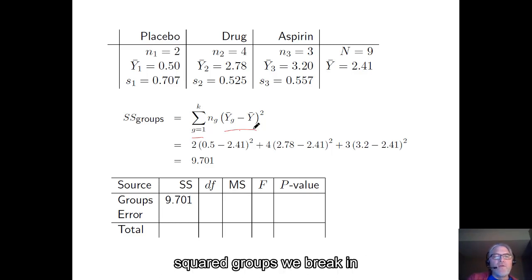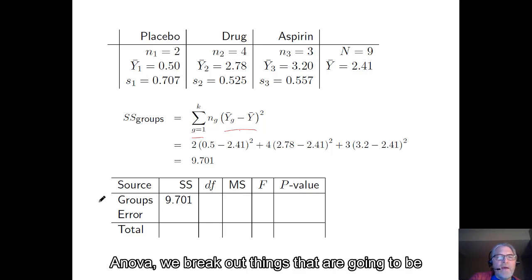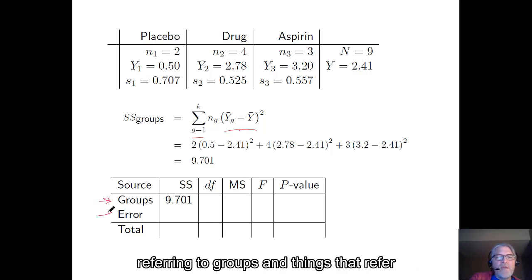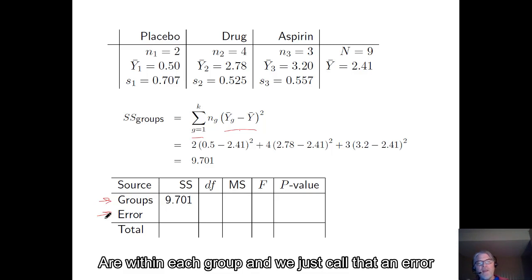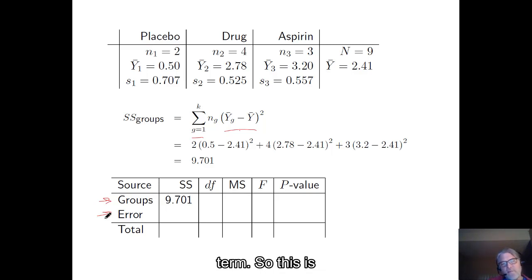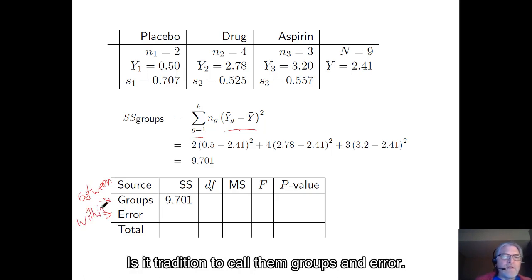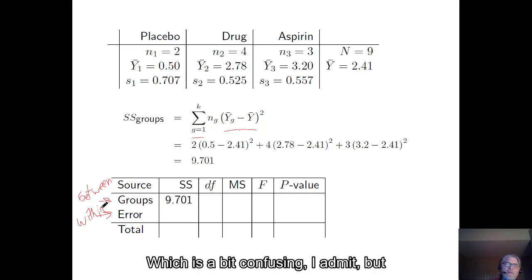In ANOVA, we break out things that refer to groups and things that refer to error within each group, and we just call that an error term. So this is between groups, and within.